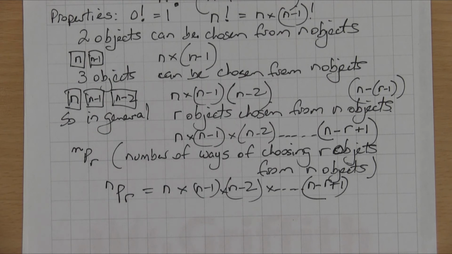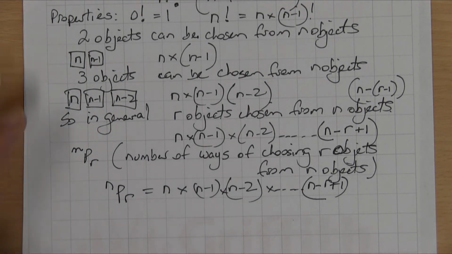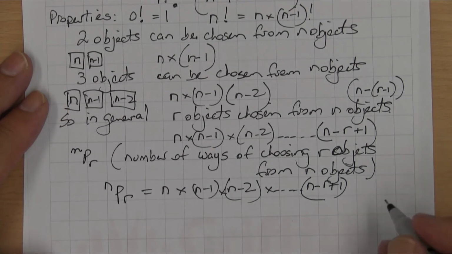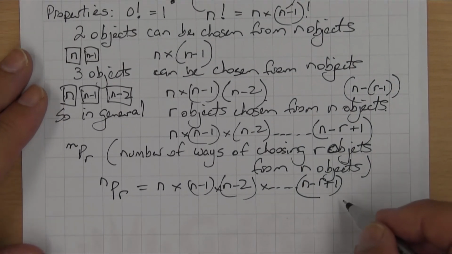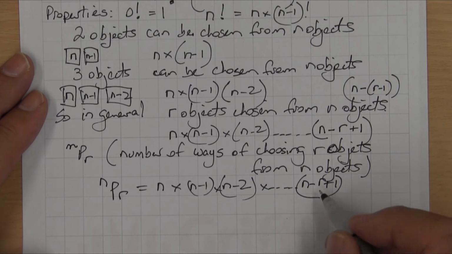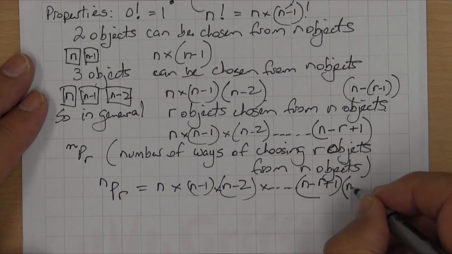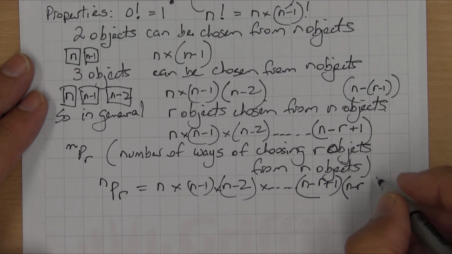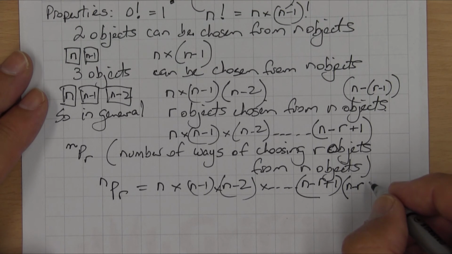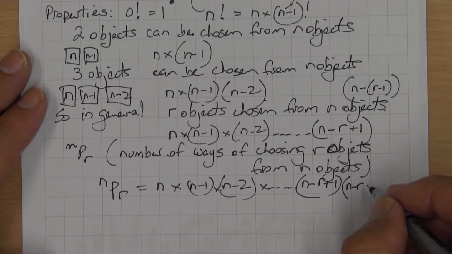Now, if you can work that out, that's fine, but a quicker way to work that out is to just develop this formula a little bit more. If we wanted to make this top line n factorial, we'd have to multiply here by n minus r times n minus r.